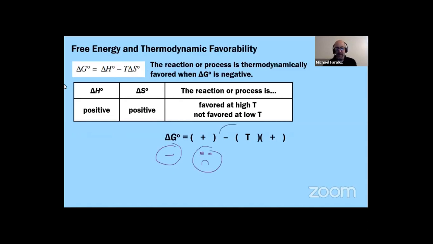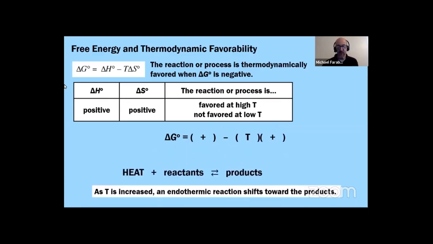However, this is a good thing and therefore could potentially make the overall value of delta G negative as long as this T is large enough. So you want a high value for temperature because then this portion will be negative and make the overall delta G negative. You can also think of this in terms of Le Chatelier's principle.